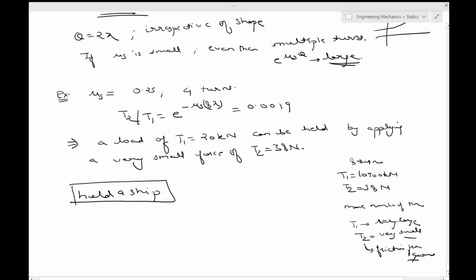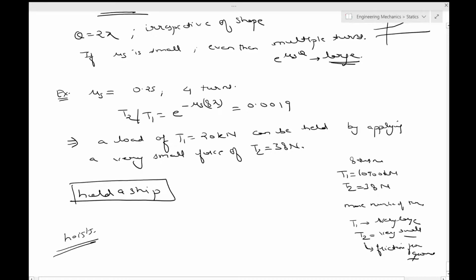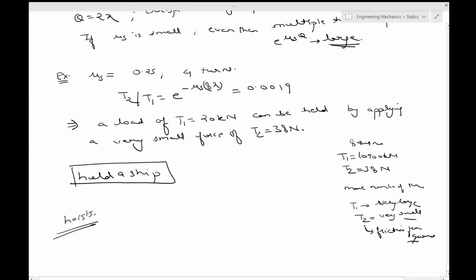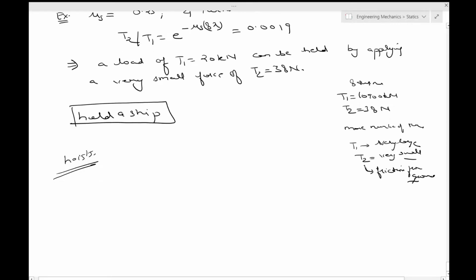The same idea is used for hoists. Now you can also explore the same relation, which I will write over here in red so that you can investigate it.